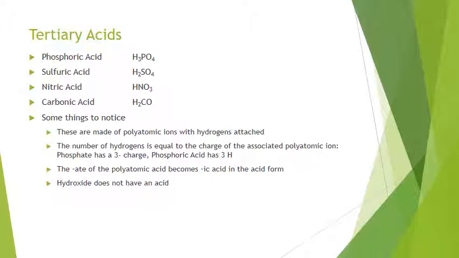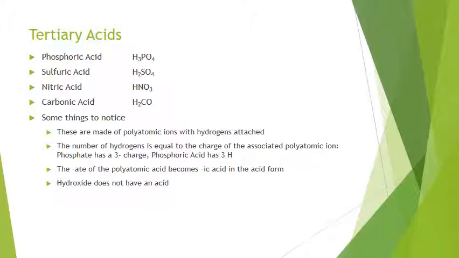Then you have your polyatomics: phosphate, sulfate, carbonate, nitrate, and hydroxide. And then you have your 4 acids: hydrofluoric acid, hydrochloric acid, hydrobromic acid, hydroiodic acid. And then your 4 tertiaries: phosphoric, sulfuric, nitric, and carbonic.